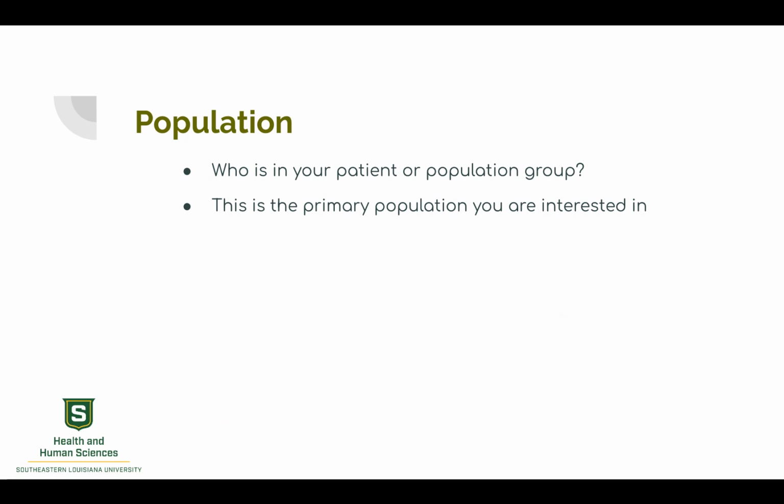You're not going to do research on everybody. For the most part, you're going to do research on a more narrowed population, or more narrowed sample in this case. I don't know how many of you have taken HSM 215. Just in case you have not, a sample comes from a population, right?